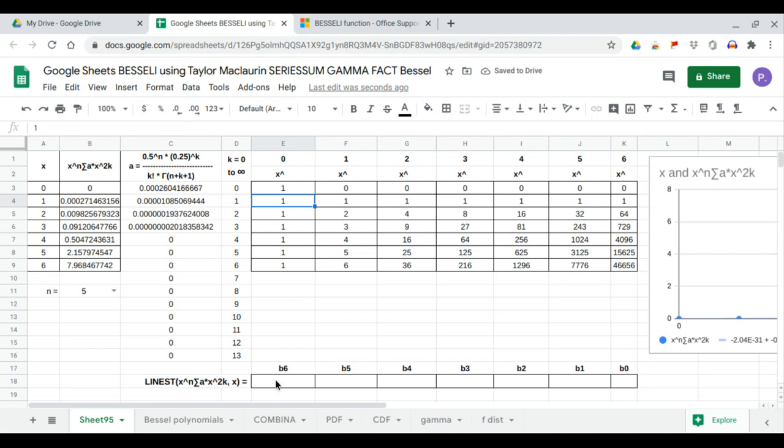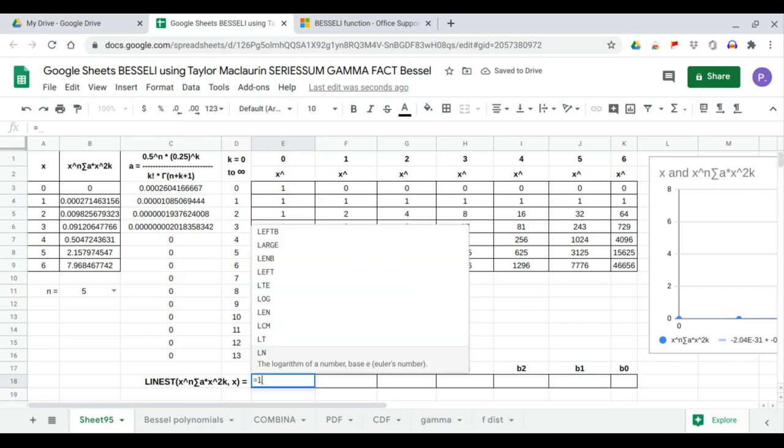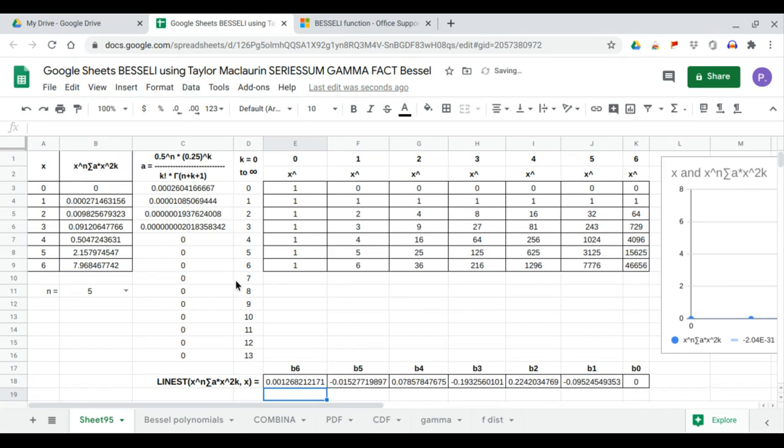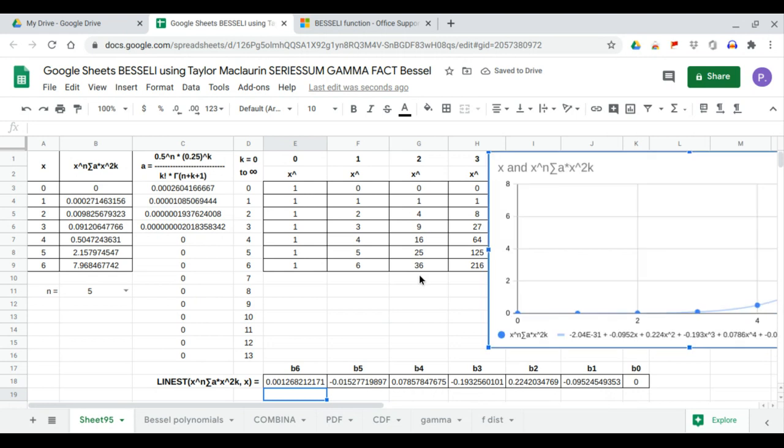Now that we have the 1 comma x matrix, we enter the LINEST data y and data x. So we will increase this a little bit.